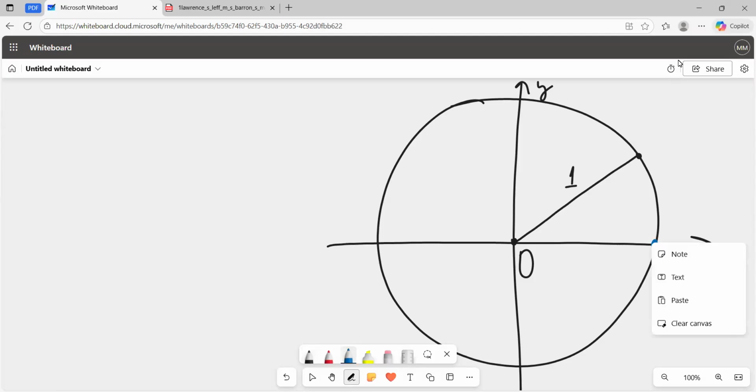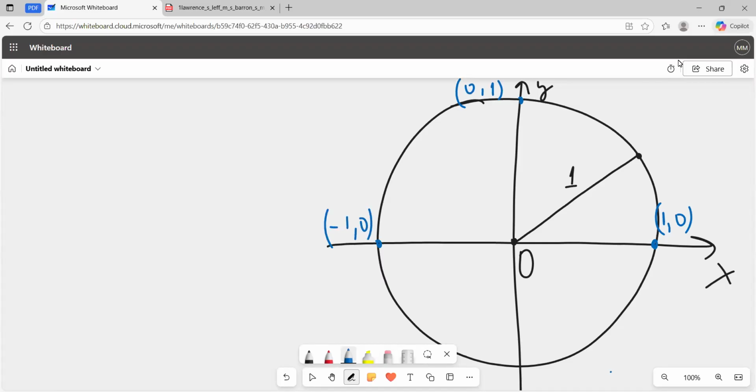Since radius is 1, the coordinates of this point are (1, 0), and coordinates of this point are (0, 1). Here we have coordinate (-1, 0), and here coordinate is (0, -1). Okay.